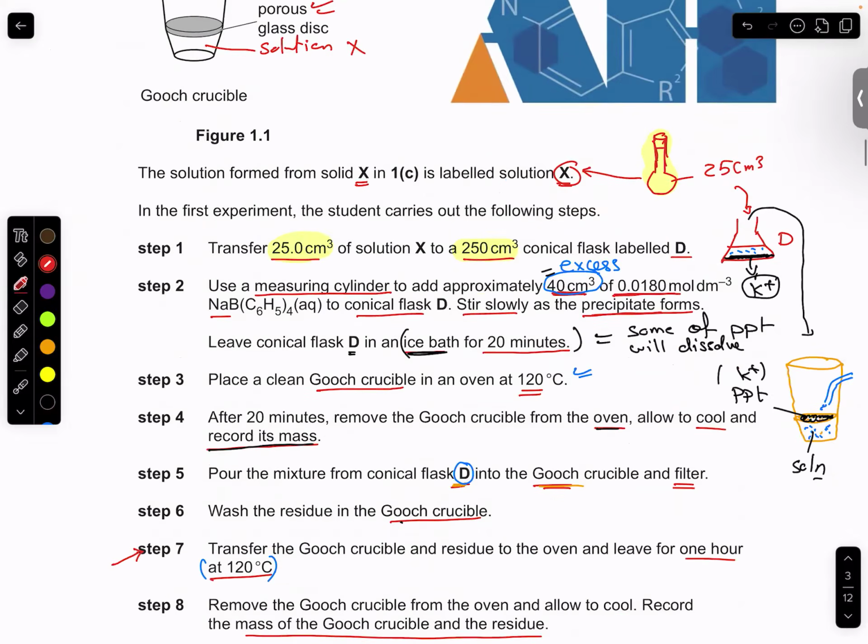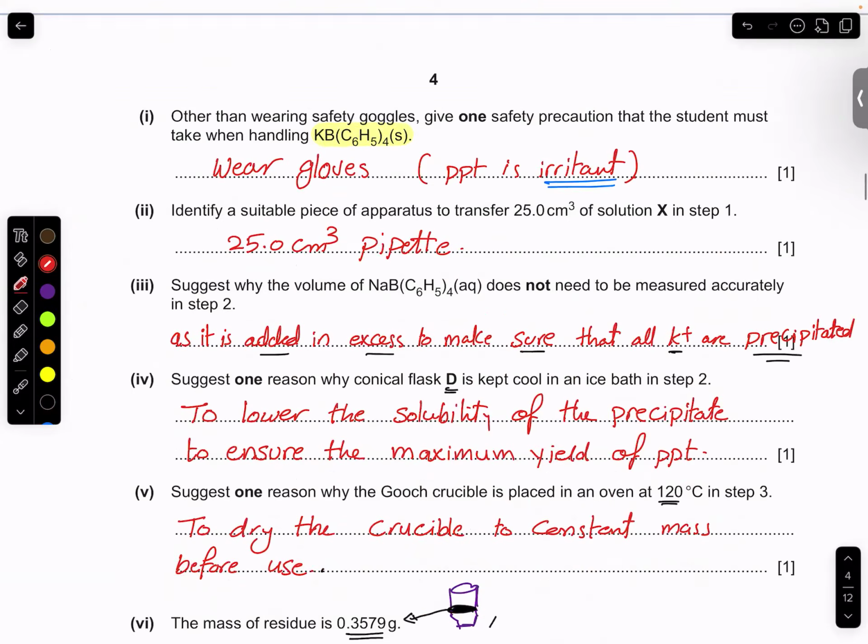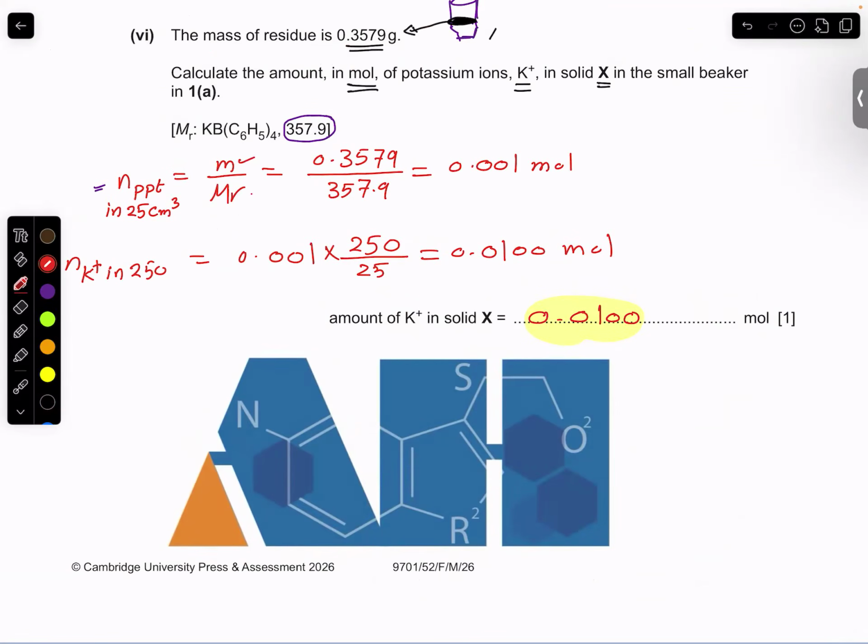So here, the number of moles of potassium in the precipitate equals mass over Mr. The mass is this one, 0.3579, over the total Mr of the compound, which is given here, which equals 0.001. This is the number of moles of potassium in 25 centimeter cube.